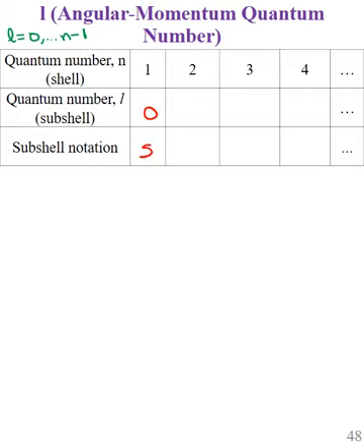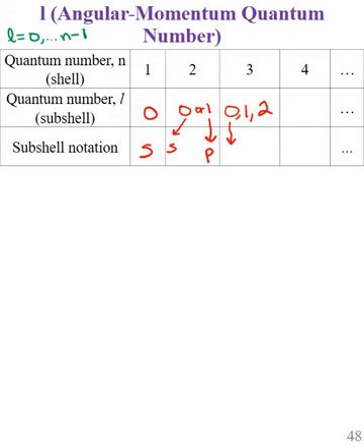We know that 0 will be an S subshell, but a 1 corresponds to the next subshell, which is going to be P. Now for n equals 3, because L can have any values between 0 and n minus 1, it could have the value of 0, 1, or 2, because 3 minus 1 would be 2.